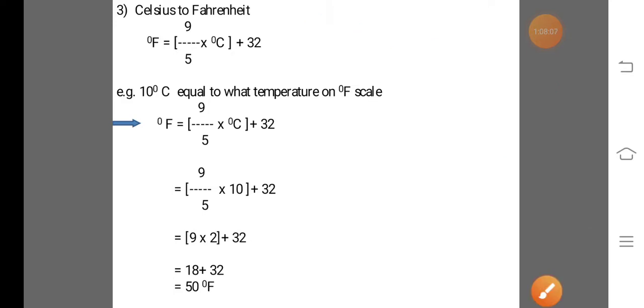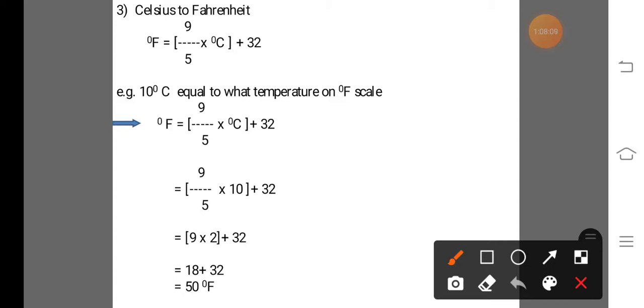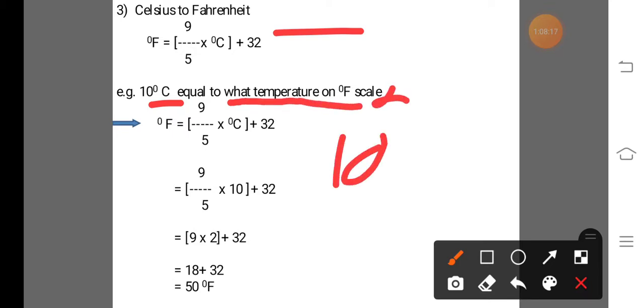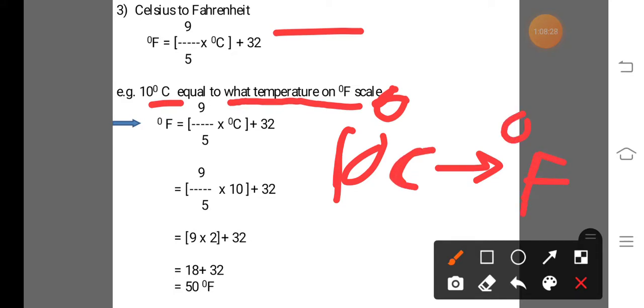So for example, to understand this conversion, 10 degree Celsius is equal to what temperature in degree Fahrenheit? That means when 10 degree Celsius temperature is recorded on a thermometer, how many degree Fahrenheit is that.